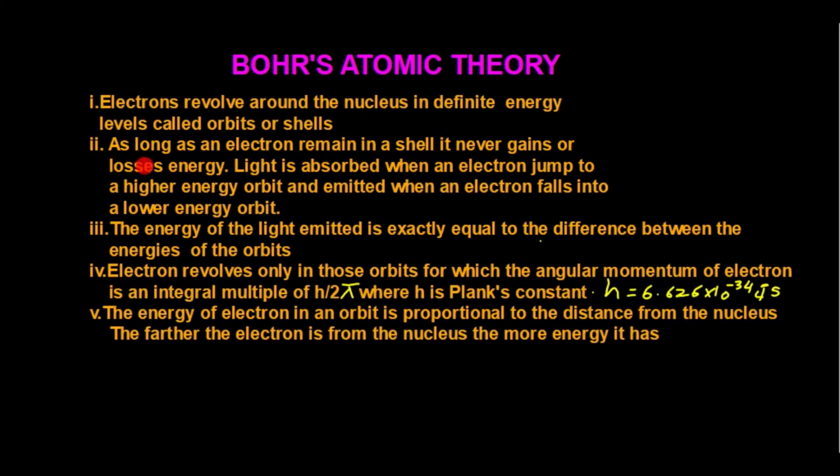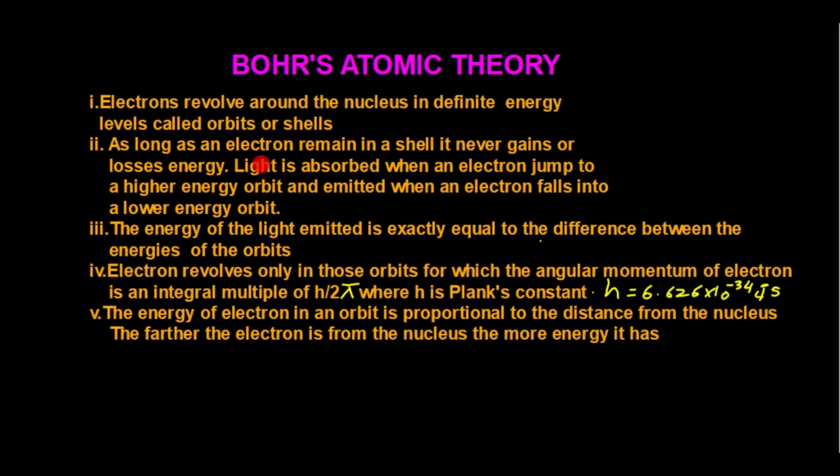The meaning of this postulate is, an electron does not radiate energy. It means it does not gain or lose energy when it is present in a fixed energy level. But when an electron changes its energy level, it can absorb or emit energy.